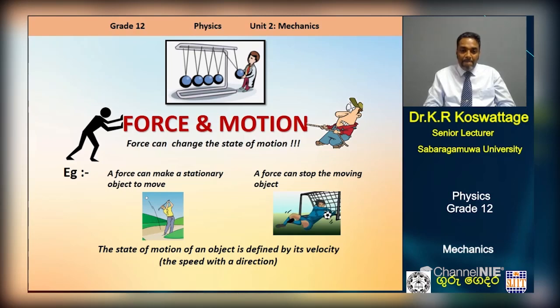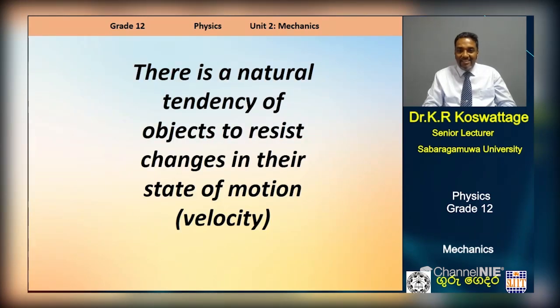However, from the object's viewpoint, there is a tendency of an object to resist. This is so-called natural tendency, of course. The tendency of an object to resist the change of state. So a natural tendency is available.